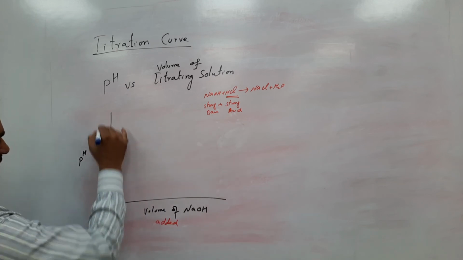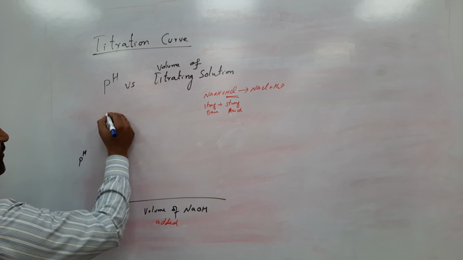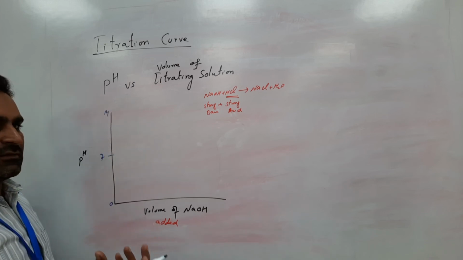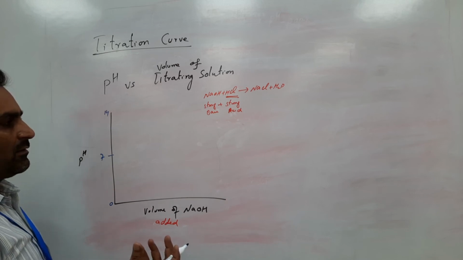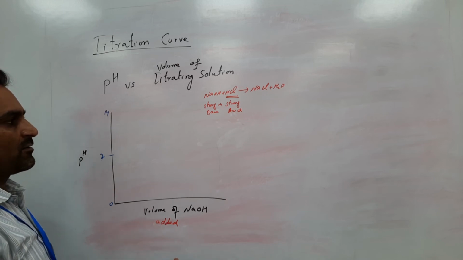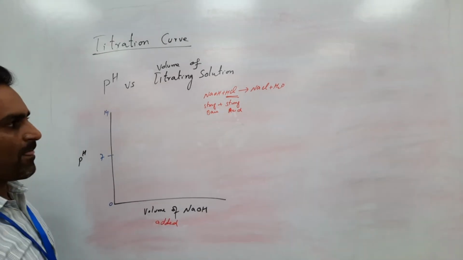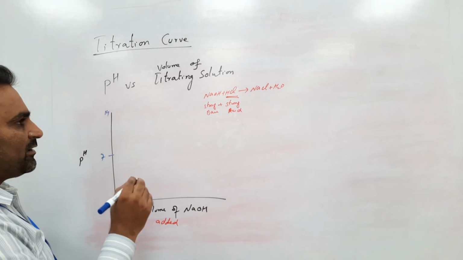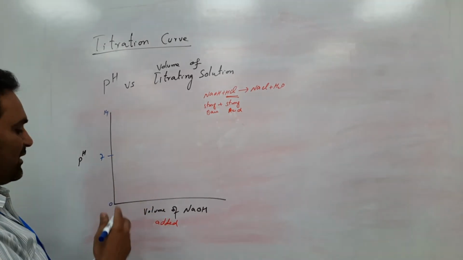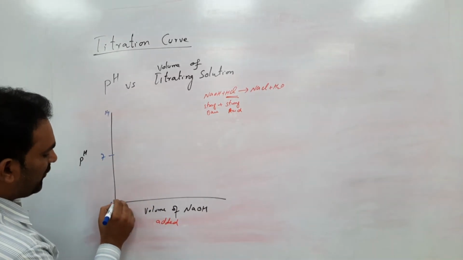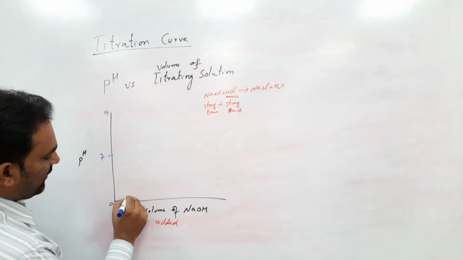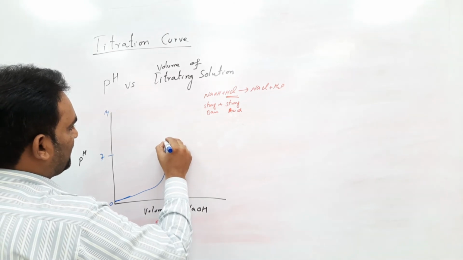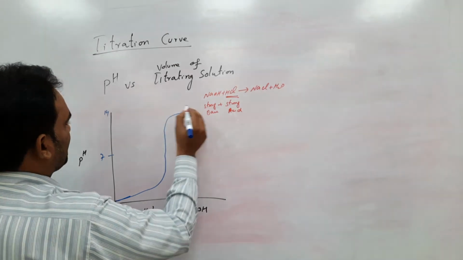Here you have the pH scale 0 to 14, and here you have 7. In the conical flask you have acid, and you are going to titrate the acid with base. Initially you have acid, and if it is a strong acid, its pH will be low. It will start from here, and after some time it will increase, and then it will be like this.